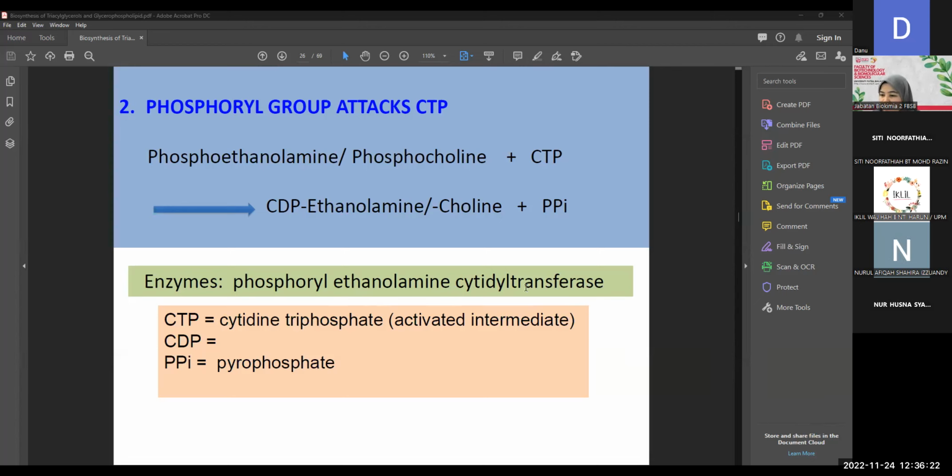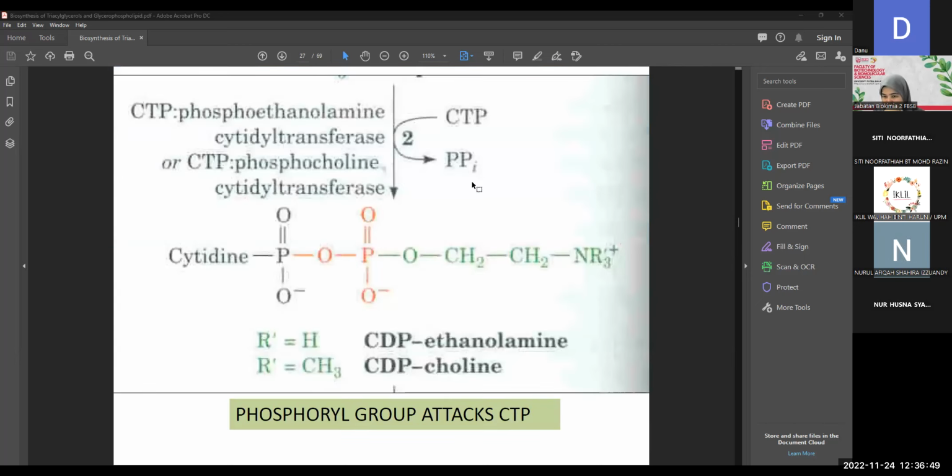Basically it involves the transfer of the cytidylyl group to the phosphoethanolamine. Take note that CTP is the activated intermediate. That's why the phosphoryl group attacks the CTP and forms CDP-ethanolamine or CDP-choline.